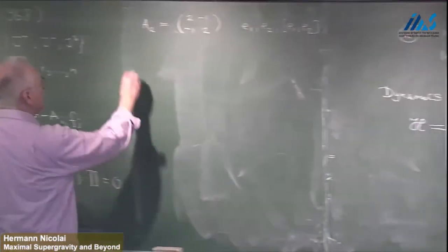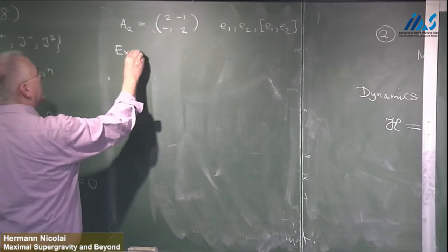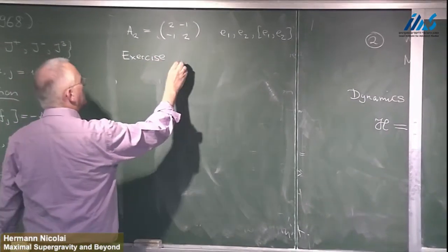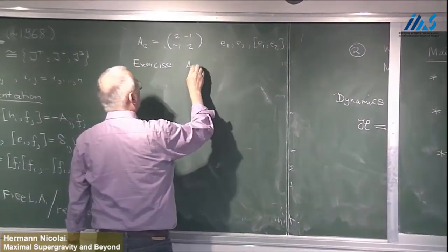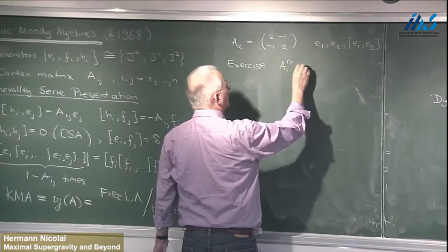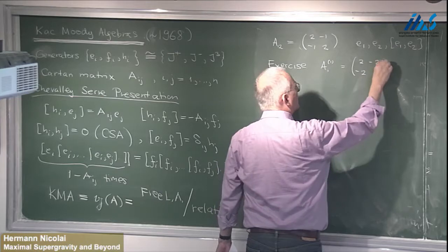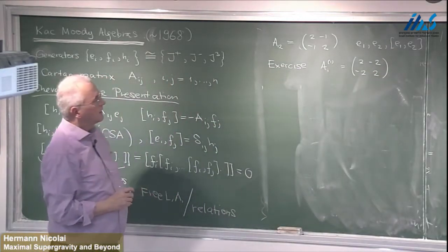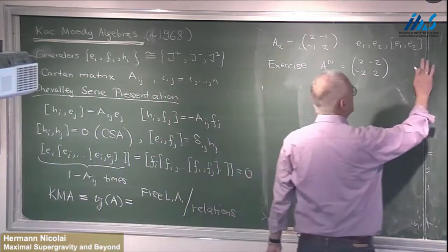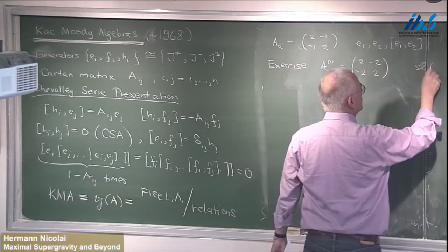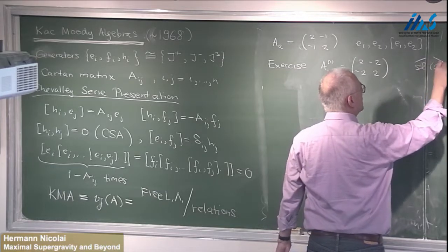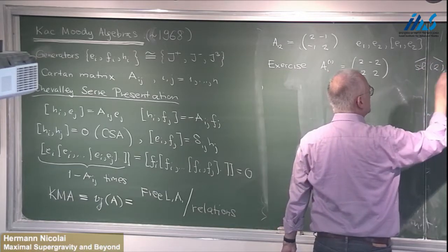Well, an exercise: do this for A11, where the matrix is like this. The algebra you get in this case is SL2 hat. It's already infinite dimensional, with a central extension.